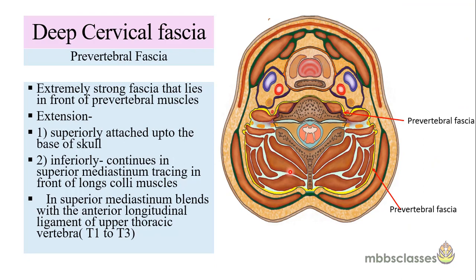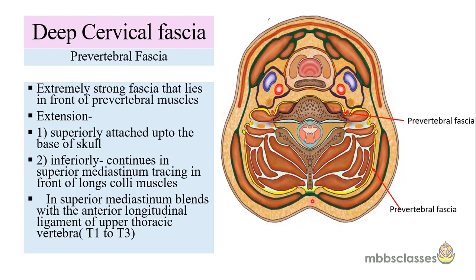Now, if we see the attachment of this prevertebral fascia, superiorly from the base of the skull, inferiorly we have seen it in the superior mediastinum. If you see here, this is the prevertebral fascia. It is attached posteriorly along the length of the ligamentum nuchae.